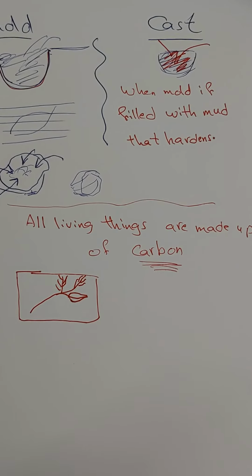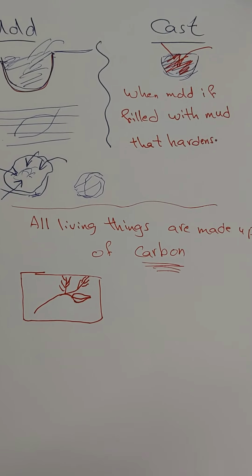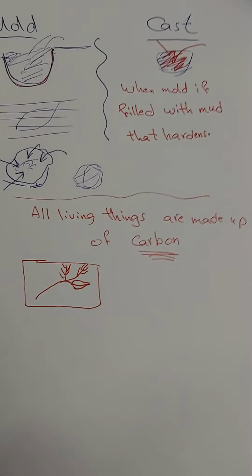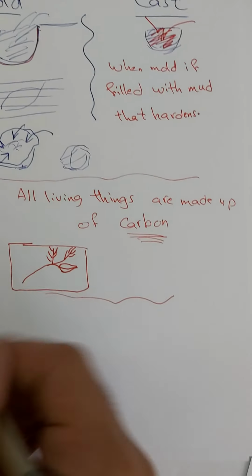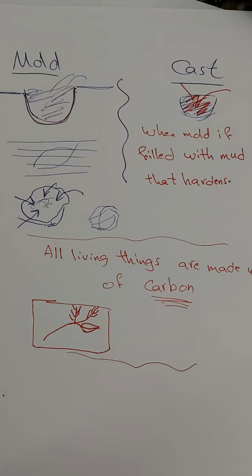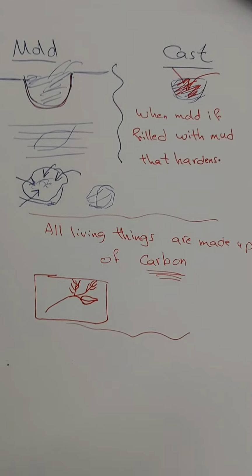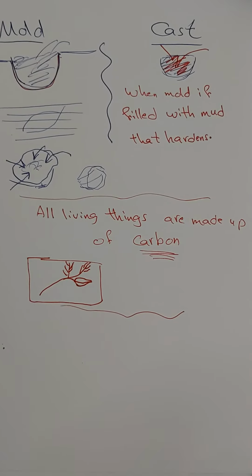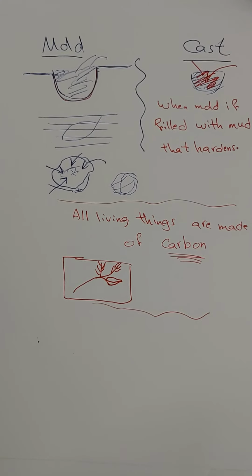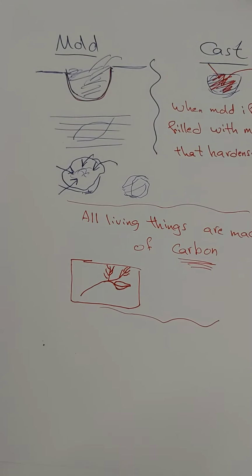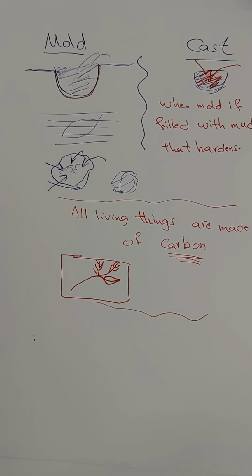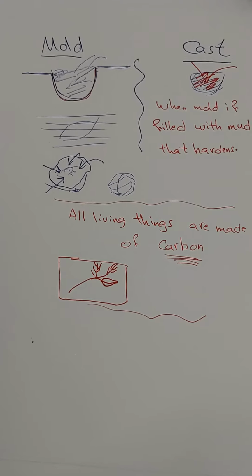Another example about fossils: footprints. Footprints are an example of another type of fossils. These footprints are an example of what? Fossils that show these animals were there.